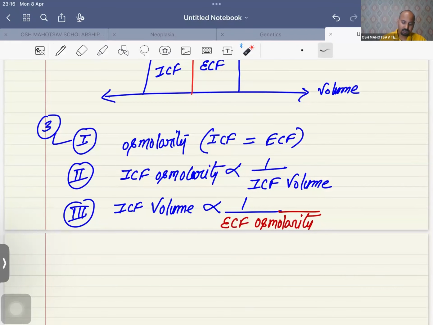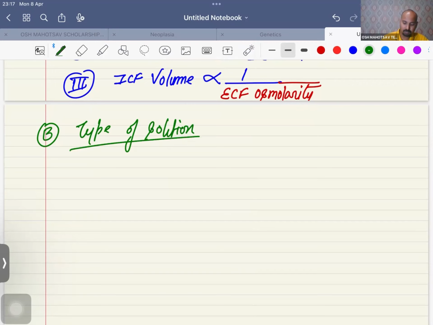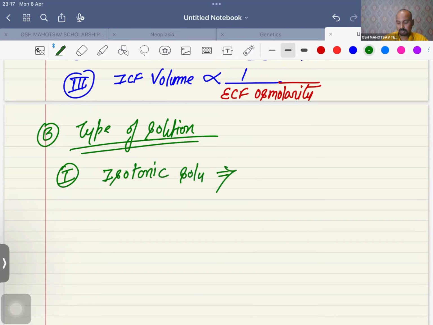Okay. Then we have three types of solution. I think everybody knows we have three types of solution. Number one, isotonic solution means solute equal to water, or we can say solute equal to solvent.